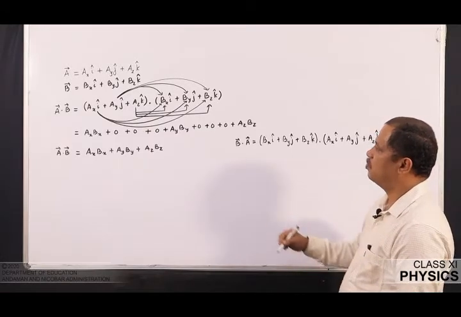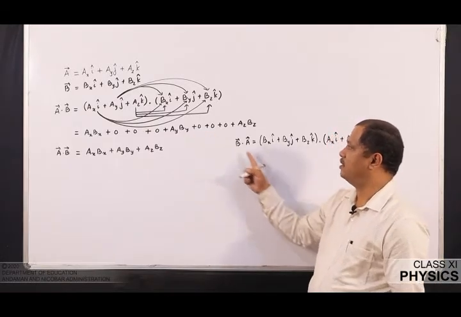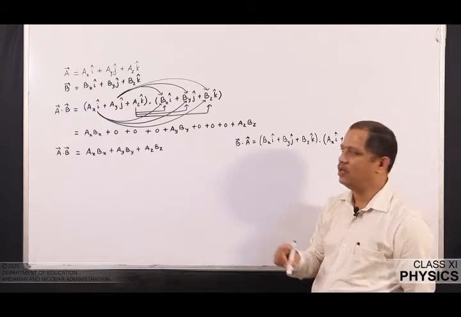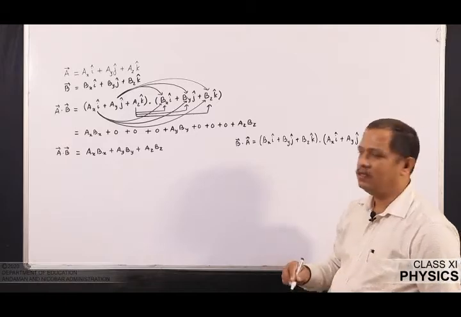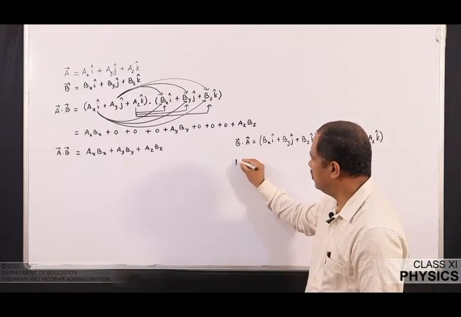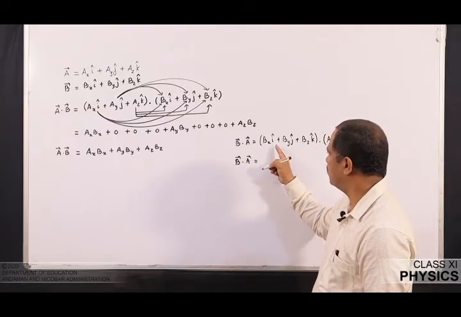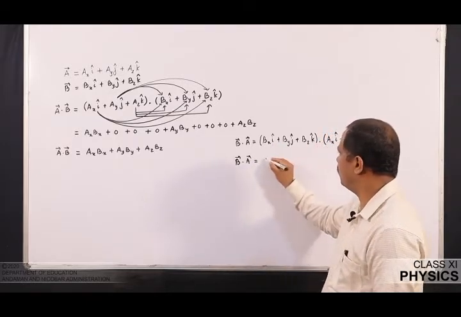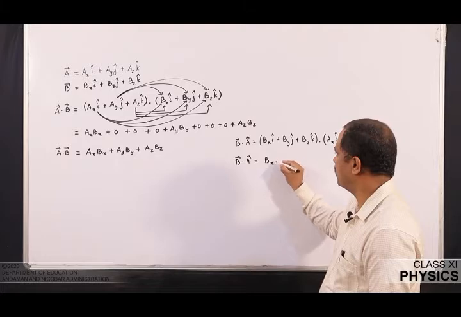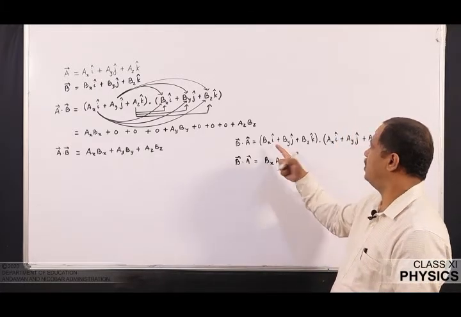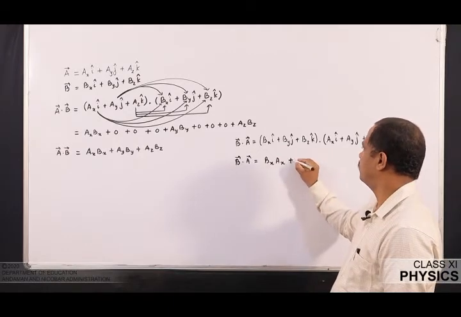Now, hopefully I need not go into detail like this here. Simply I know that I dot I is going to fetch me the product, I dot j is going to be 0. In that case, for b dot a, this I dot I is going to be 1. So I am going to have bx ax. Then if I multiply j and k with I, it is going to be 0, plus.